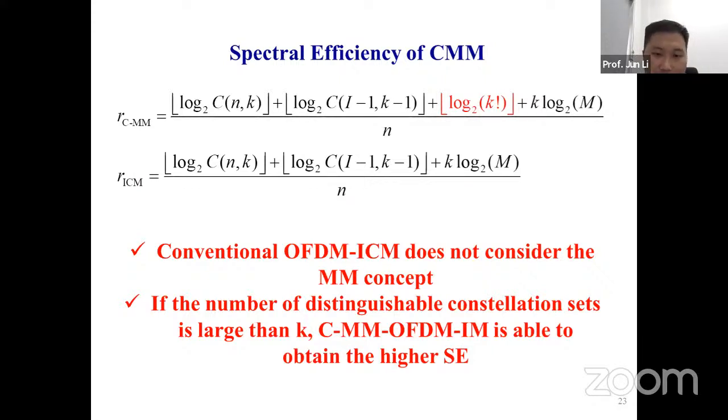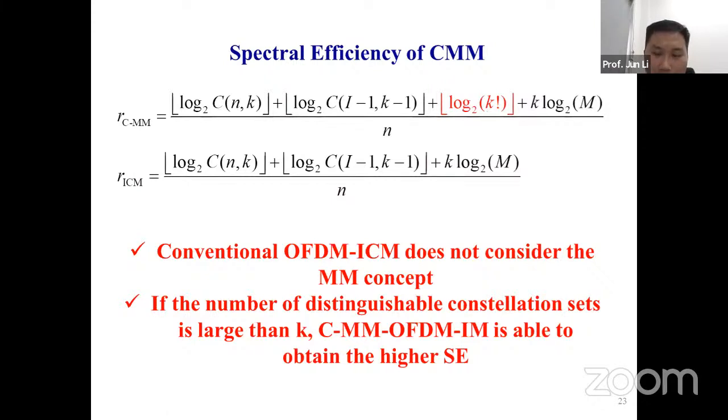That means it has different energy allocation patterns for the total energy I, right? The number of combinations is C(I-1, K-1). And this one is the number of constellation multiple modes.